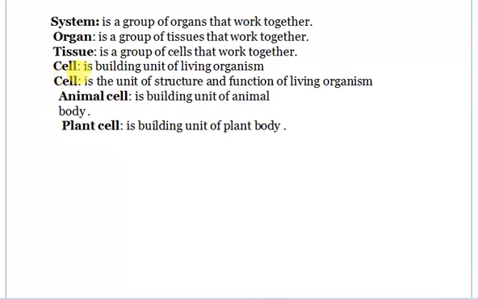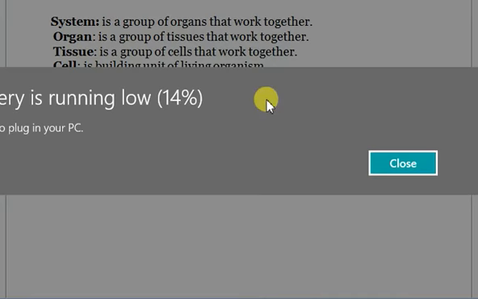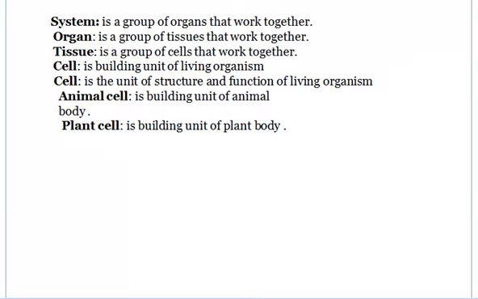Cell is the building unit of living organisms, the unit of structure and function of living organisms.